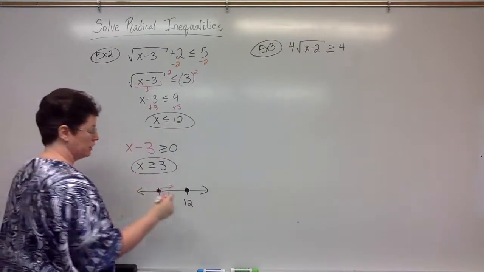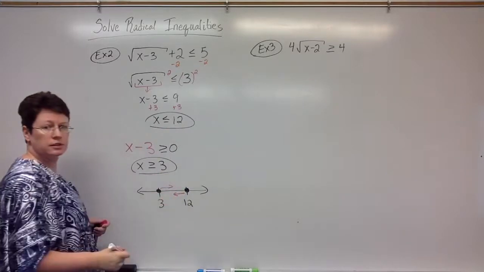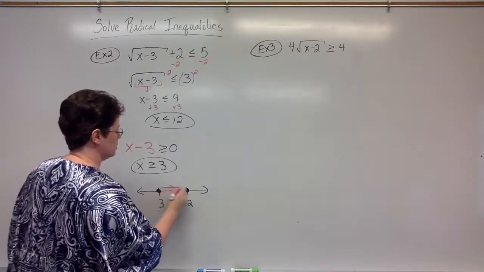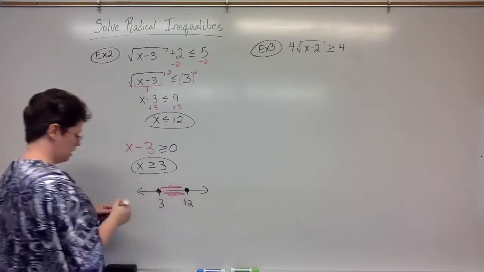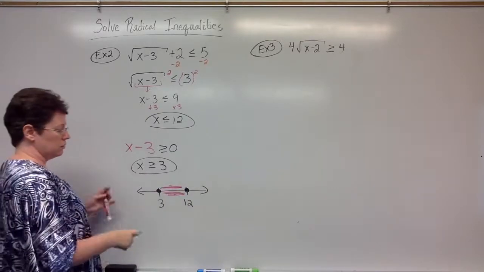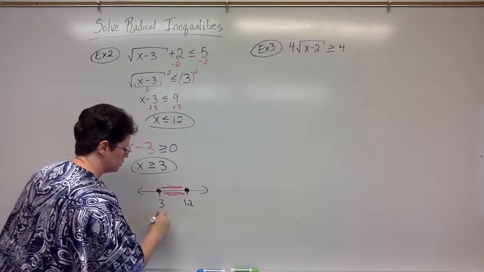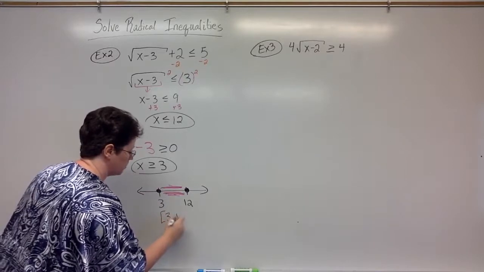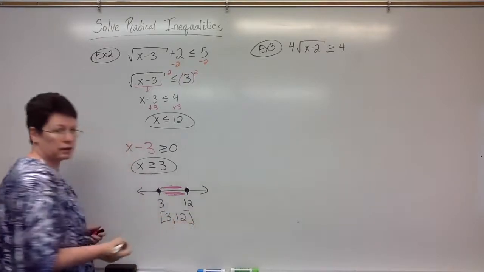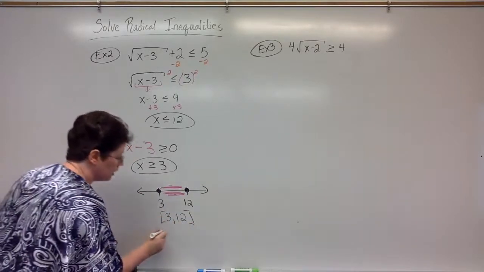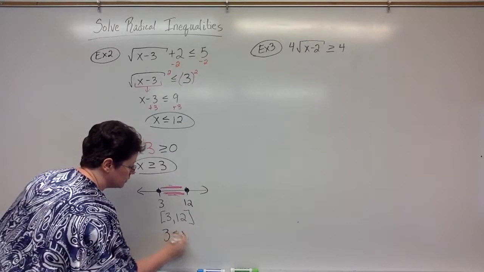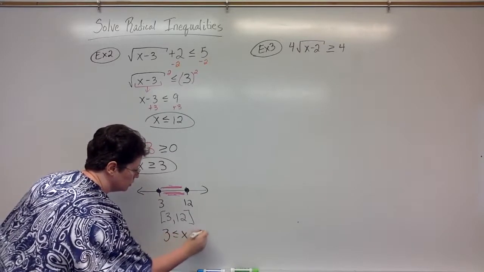To the left. So I'm shading to the left. This means the shading's in the middle. And so in interval notation, we would write this as a square bracket, 3, 12 with a square bracket. In inequality, I would write it as 3 less than or equal to x less than or equal to 12.